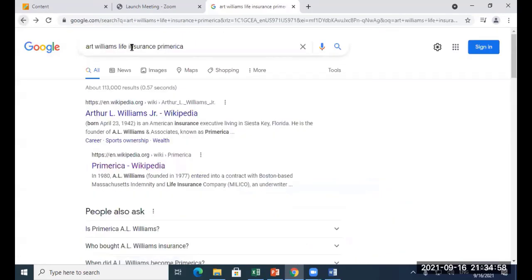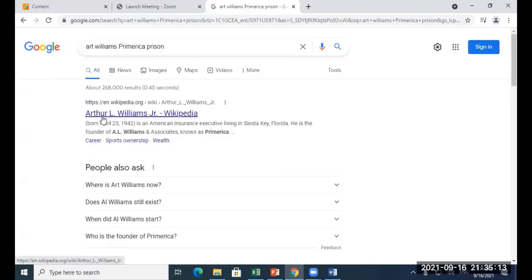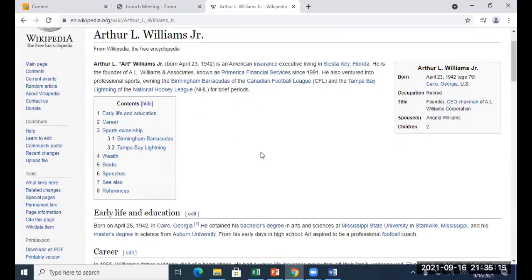A.L. Williams himself got into some trouble, and I'm not really sure exactly what he got in trouble for. And I don't know if you can, this is when you really can't trust Wikipedia, right? Who knows, probably his granddaughter is going there and changing all this.